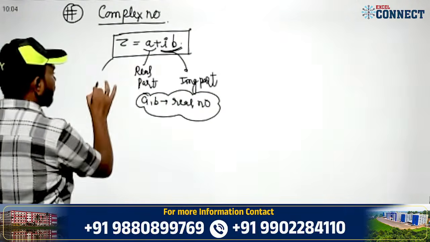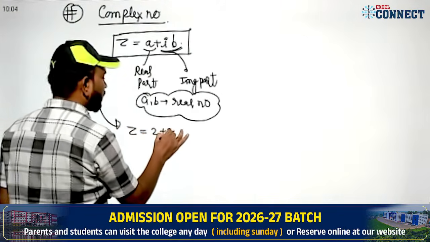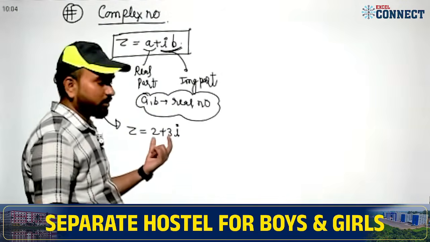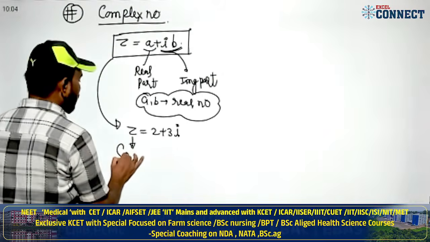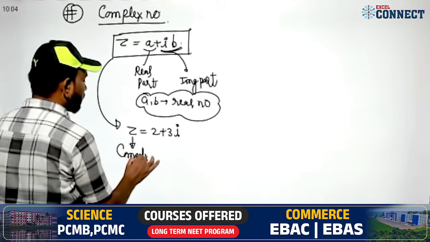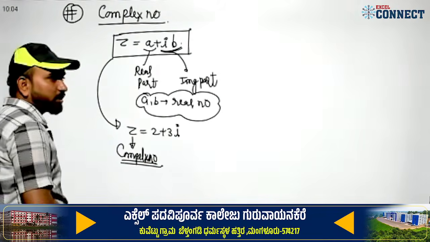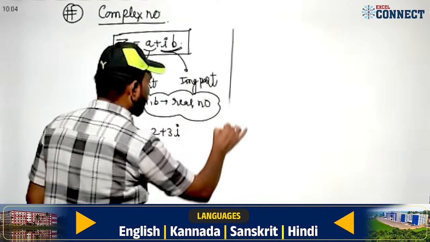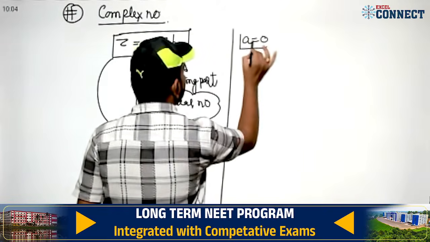So this is called a complex number. As I write it, let's suppose z is equal to 2 plus 3 iota. This is called a complex number. In this case, let's suppose a is equal to 0.